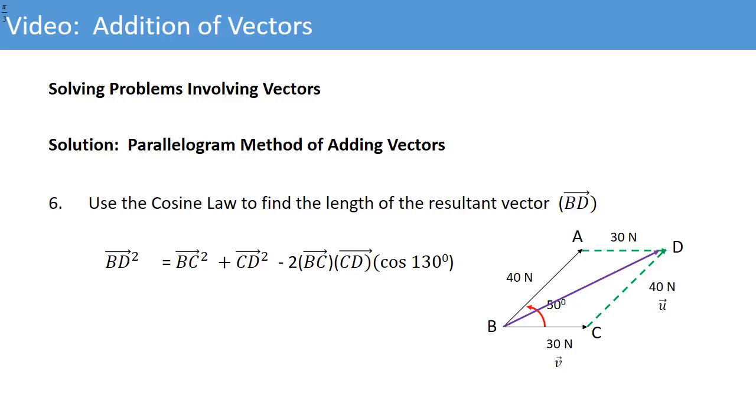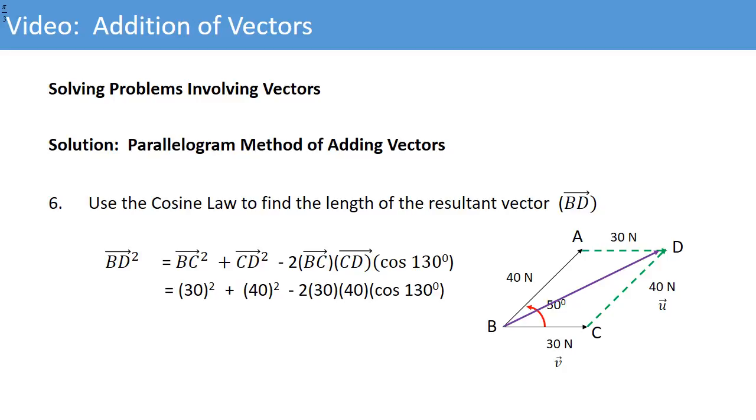Just to refresh, in this situation, the resultant vector BD squared is side BC squared plus side CD squared minus 2 times BC times CD times the cos of 130 degrees.